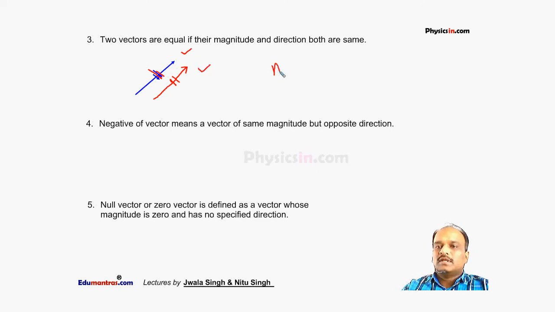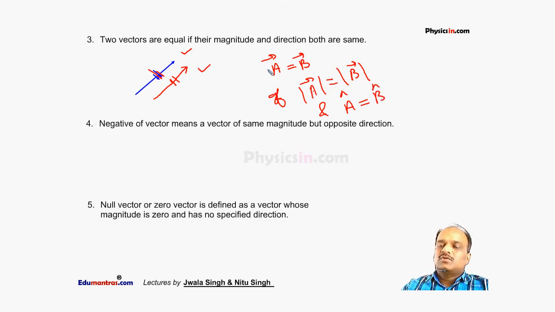So vector A and vector B are equal if and only if mod of vector A is equal to mod of vector B, and A cap is also equal to B cap. Means the two vectors are equal if their magnitude and direction are same.